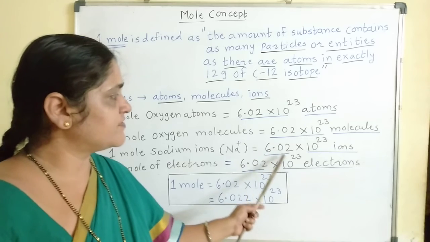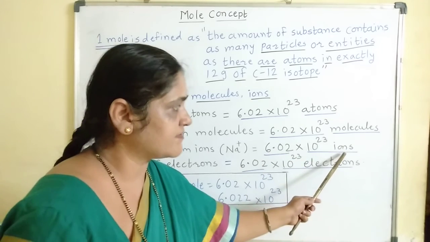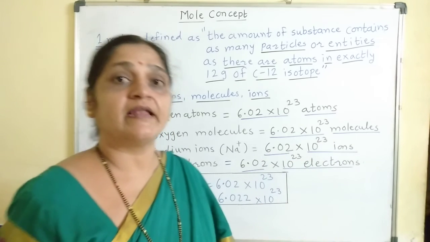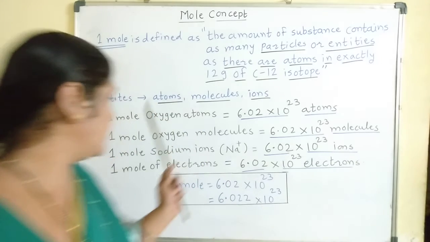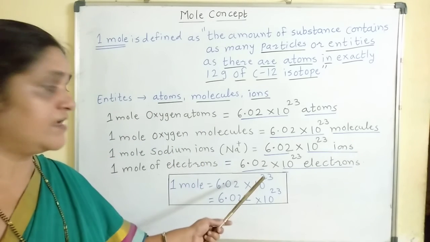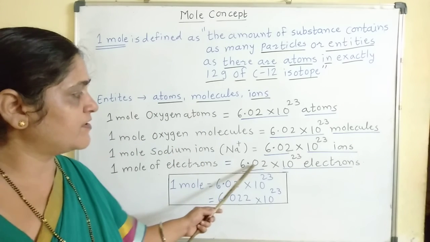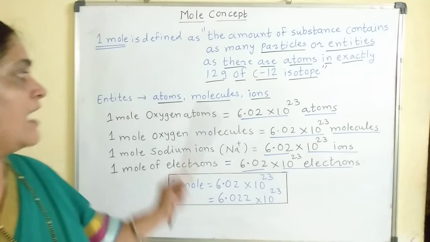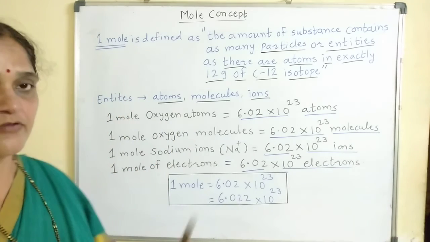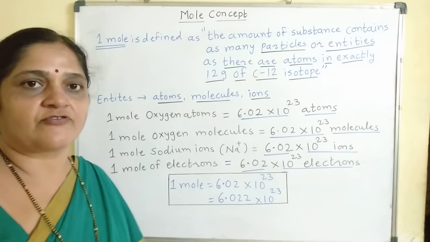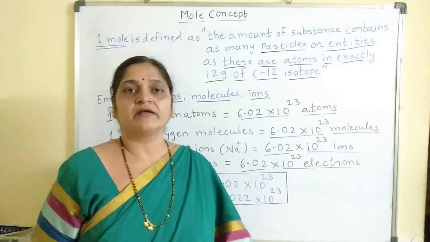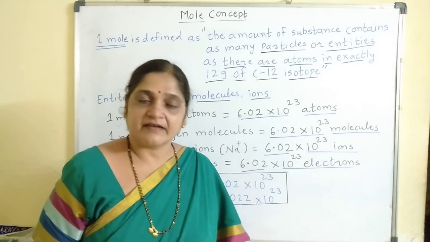That is 6.02 into 10 raised to 23 ions. Even this 1 mole concept is applicable for electrons also. So 1 mole of electrons is also 6.02 into 10 raised to 23 electrons. This way atoms, ions, molecules and also electrons are measured in the unit mole for chemical reactions.